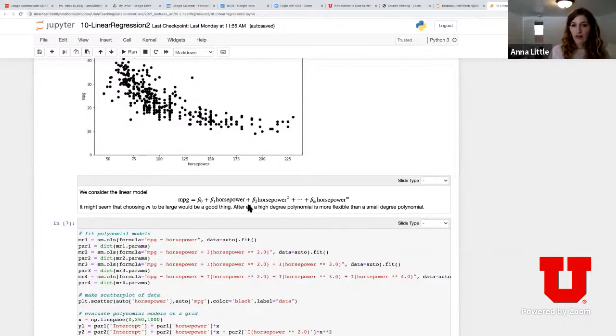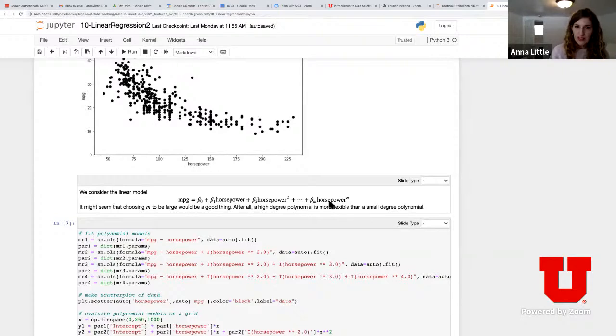So when we talk about linear and nonlinear, we have to be clear about linear in what, right? This model is nonlinear in horsepower, but it is linear in the variables horsepower, horsepower squared, horsepower to the M. If you made that substitution, just calling this X1, this X2 and that XM, then in that sense it's linear.